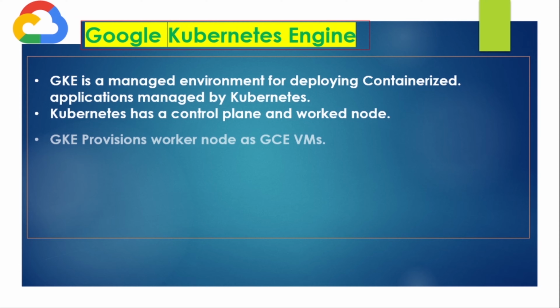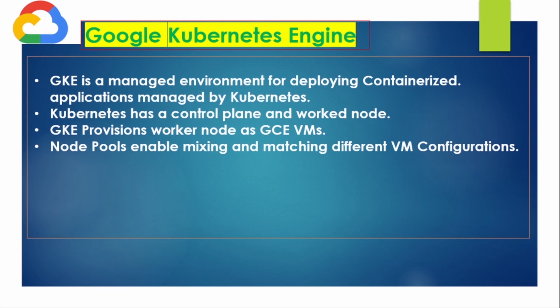One is the control plane and the other is the data plane, which is typically delivered through a set of worker nodes. Google takes care of the control plane and the master nodes that are responsible for managing the entire cluster. Since Google controls the control plane or the master nodes, it is called a managed environment.